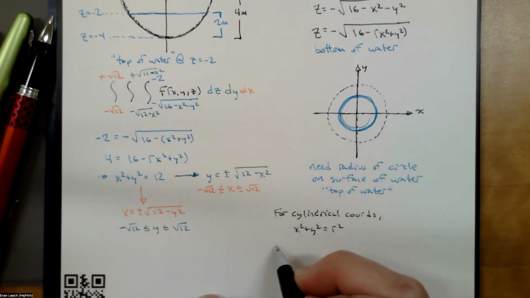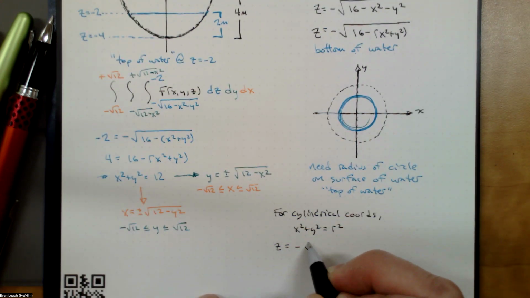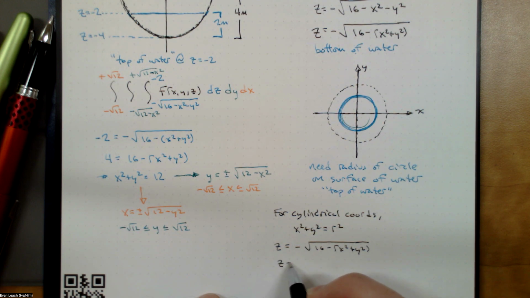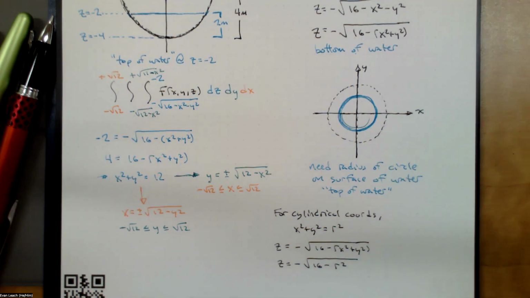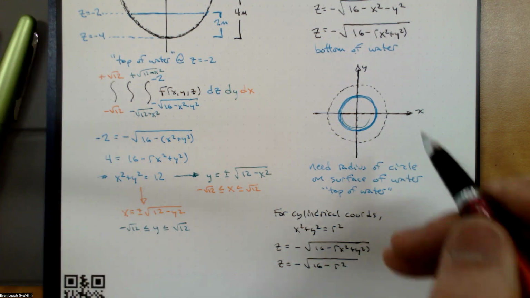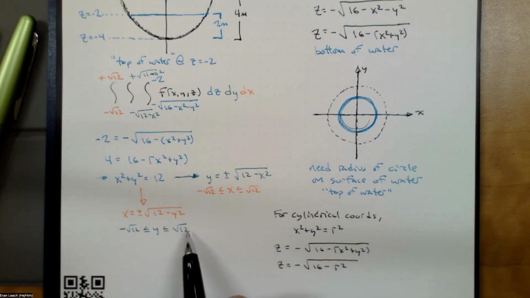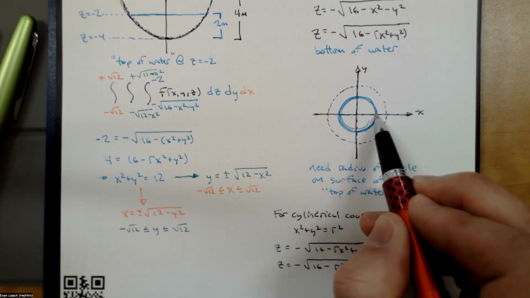So where we had before z equal to negative square root of 16 minus x squared plus y squared, in cylindrical coordinates we would write negative square root of 16 minus r squared. Then we just need the values of r. R goes from 0 out to the radius of this circle, which we previously calculated as square root of 12. So r goes from 0 to square root of 12.